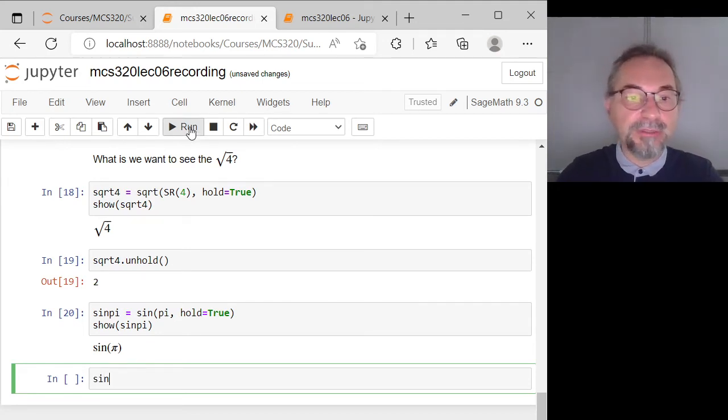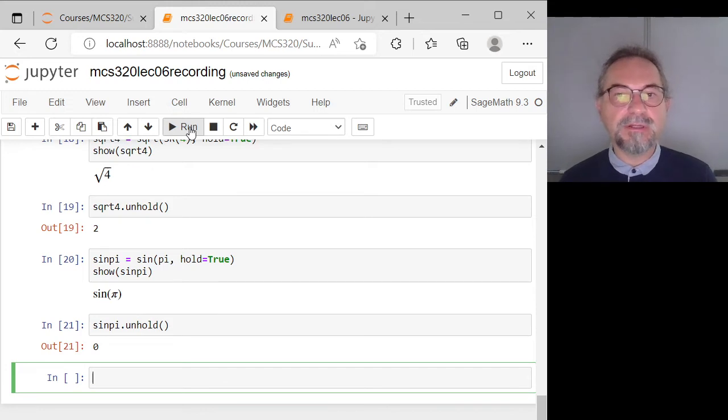And if I do the unhold, I will see the result of this symbolic computation. Okay, that was the second part that I wanted to illustrate, how to prevent the symbolic evaluation.